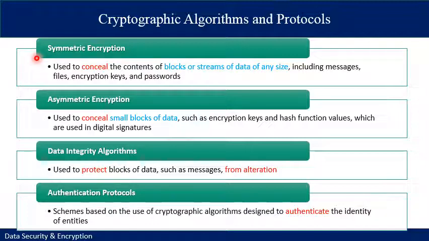Number one is symmetric encryption, which is used to encrypt any kind of data, messages, or file contents. Number two is asymmetric encryption. It deals with enciphering the encryption keys, hash functions, and all kinds of digital signatures.